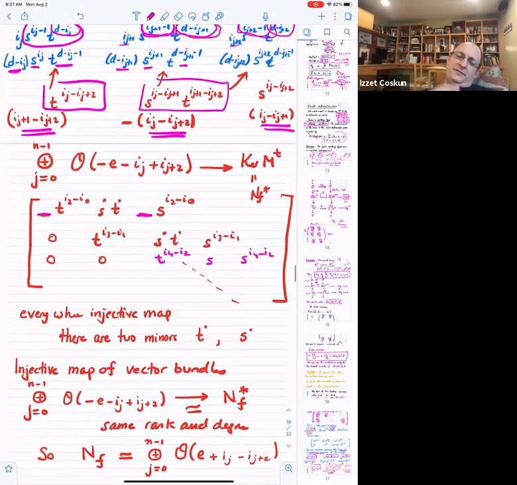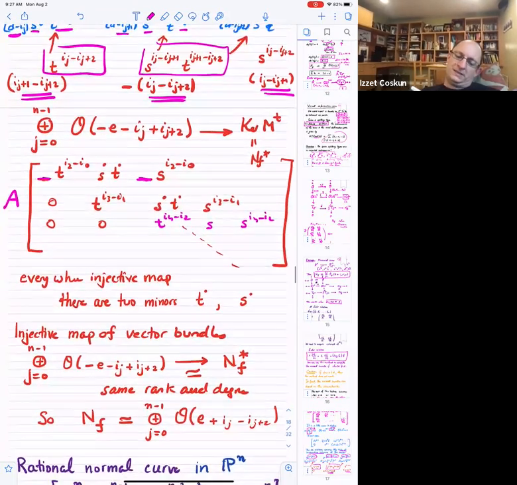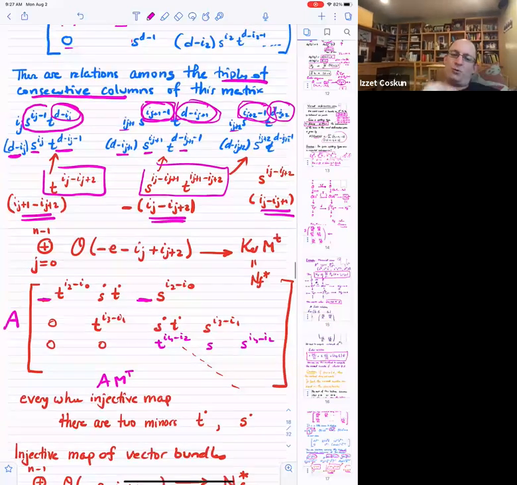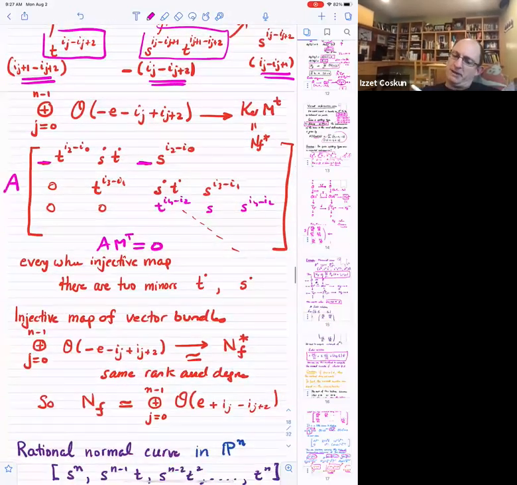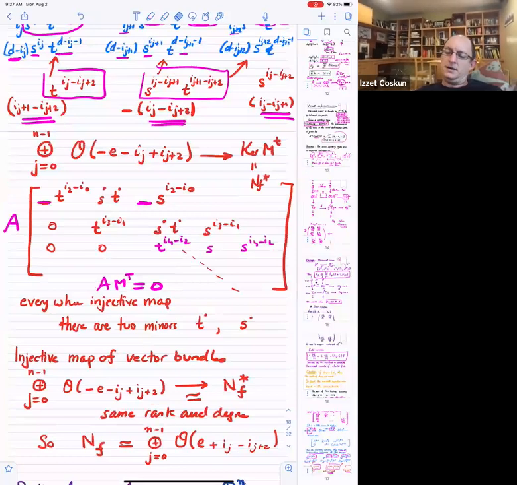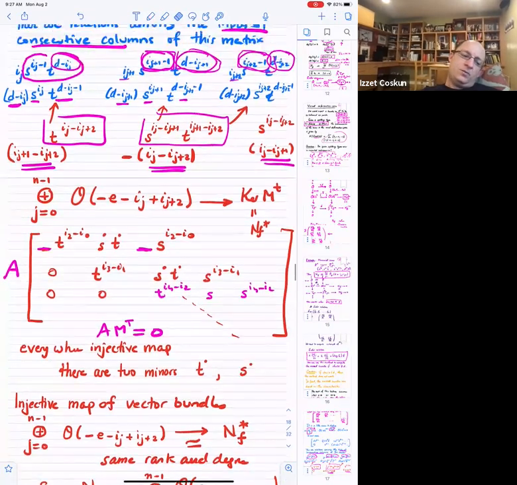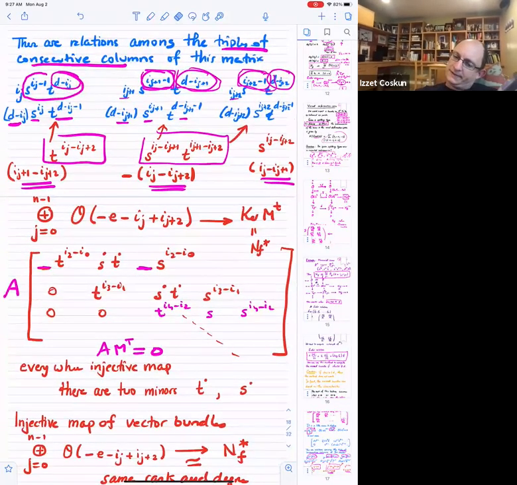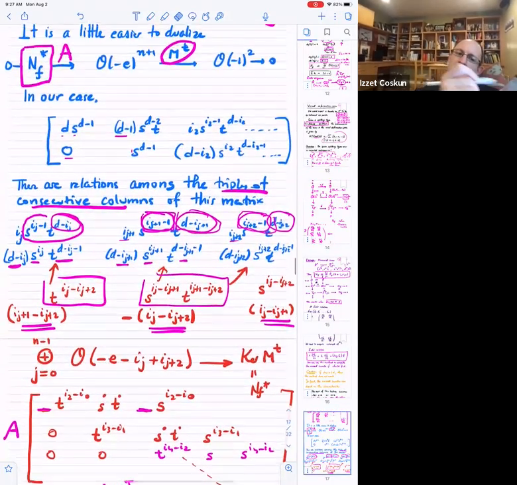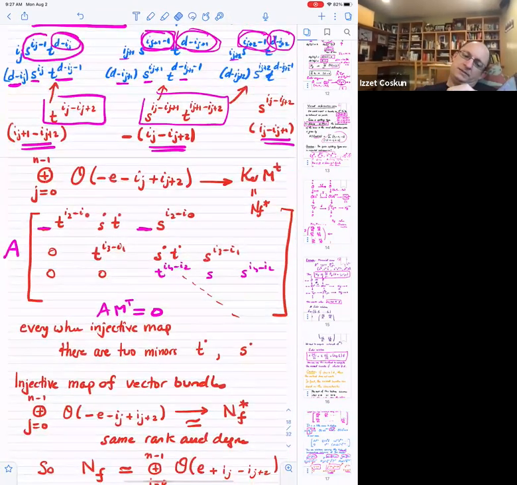Then if I take this matrix A and compose it with this M transpose, the Jacobian transpose, we get 0, because these are relations among the columns of this matrix M. What that means is that if I look at the kernel of this map, this bundle lies in it.